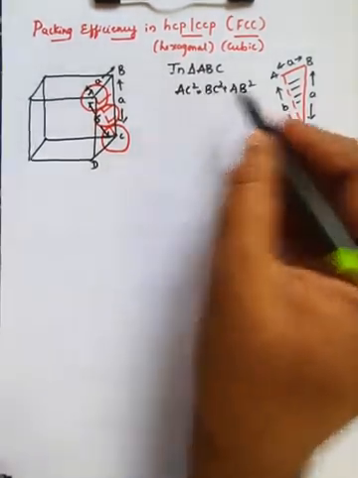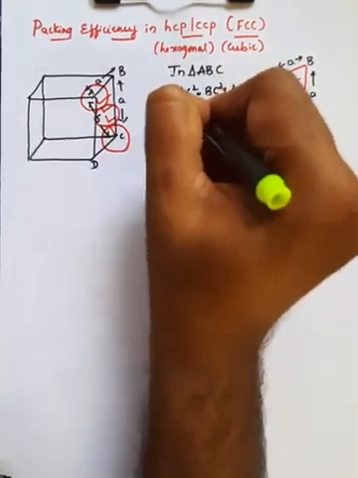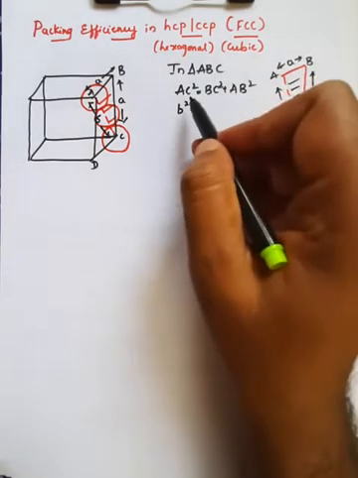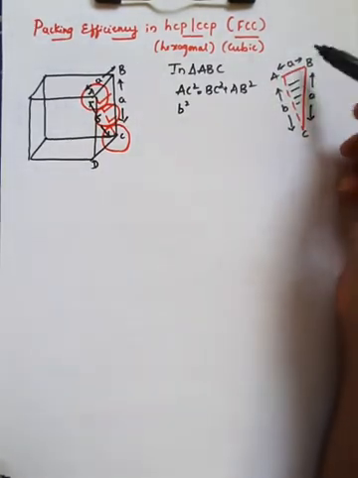Therefore I can substitute here. The length of AC is B, so I can take it as B square. According to Pythagoras theorem, the square of the hypotenuse, that is the longest side, is equal to the sum of the squares of the other sides, which you have studied in 10th and first PUC also. So AC square is equal to AB square plus BC square.